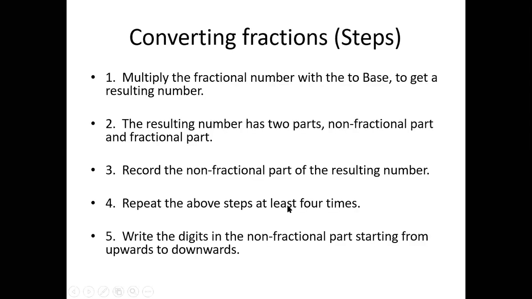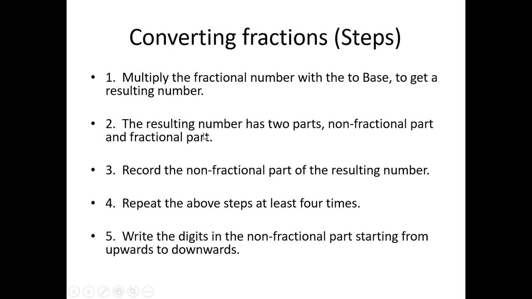All right. So these are the steps that you take to convert a number from base 10 to any other base. The steps are: one, you multiply the fractional number by the base to get the resulting number. Now the resulting number will have two parts: the non-fractional part and the fractional part.